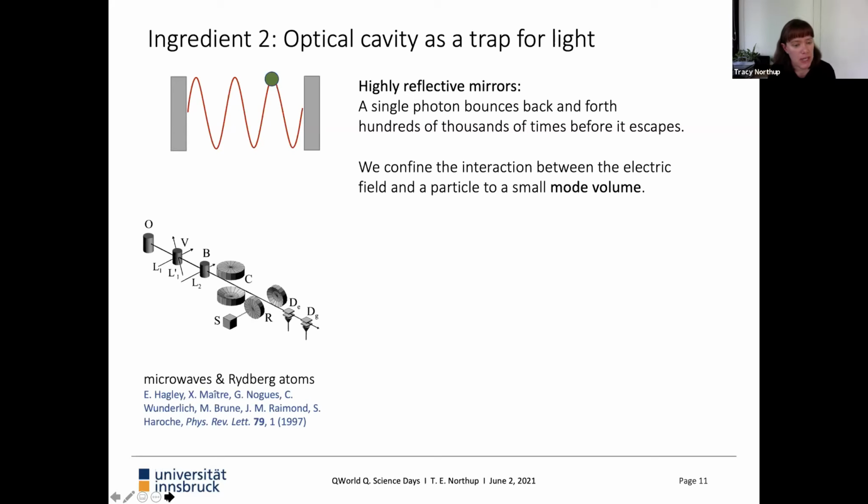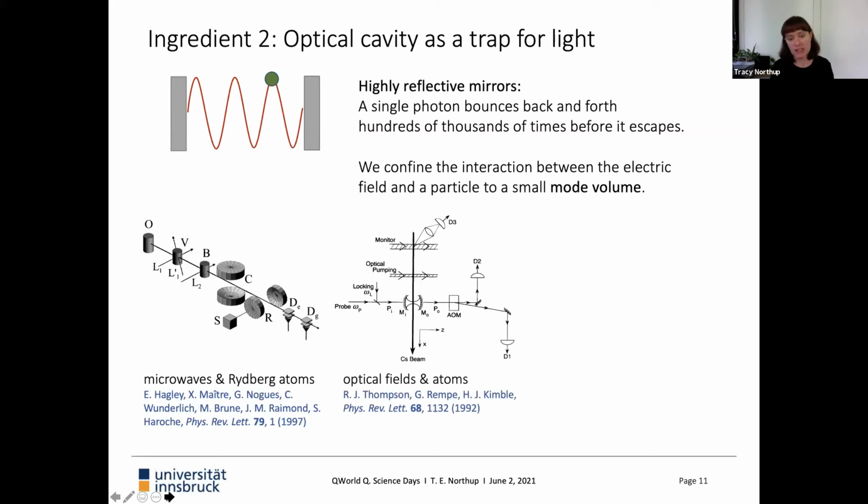So let me just show you a couple of experimental examples. Of course, the beautiful experiments from Serge Haroche's group leading up to his Nobel Prize work with microwaves interacting with Rydberg atoms. So here you see one of the seminal experiments from the Haroche group where Rydberg atoms crossed microwave cavities.